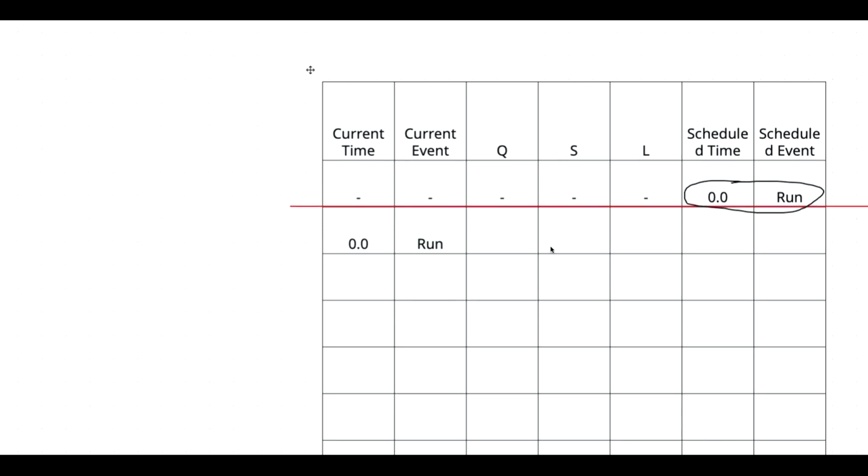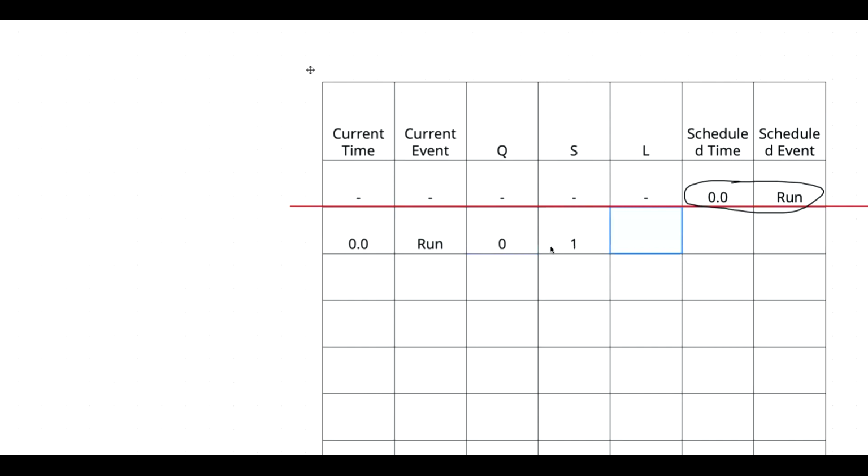Now, what is the run event? The run event says we initialize Q and S, Q to 0 and S to its value. So Q is 0 and S is 1.